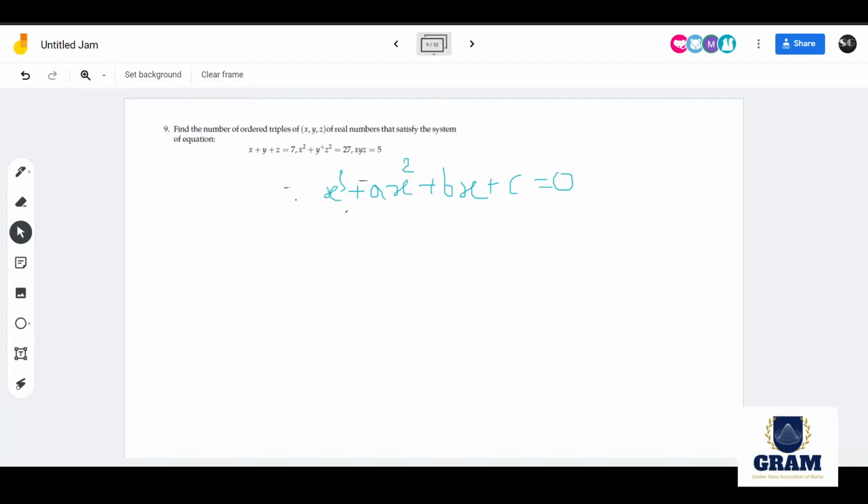So you can make a cubic in t, like t cubed plus a t squared. X is a variable, so we should not use x in this. Yes, sorry. So it's 10, right, if I'm not wrong? It's 10.